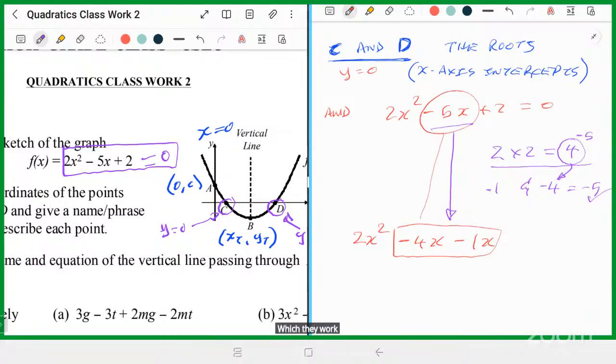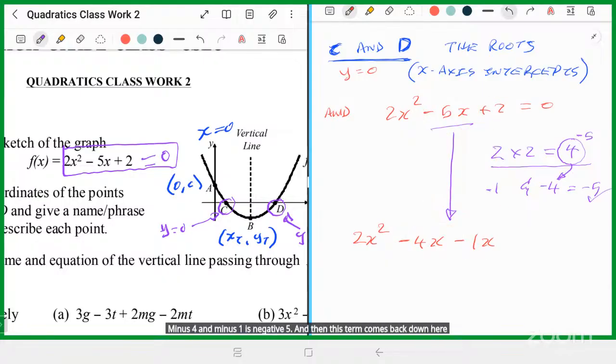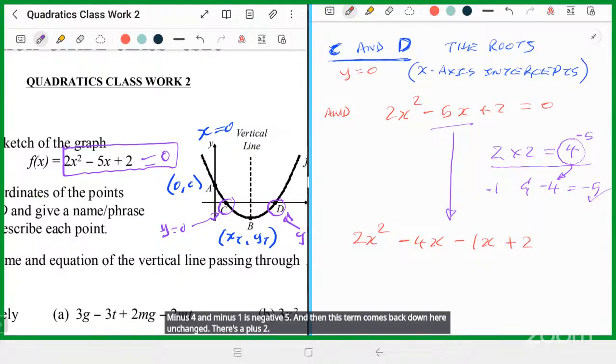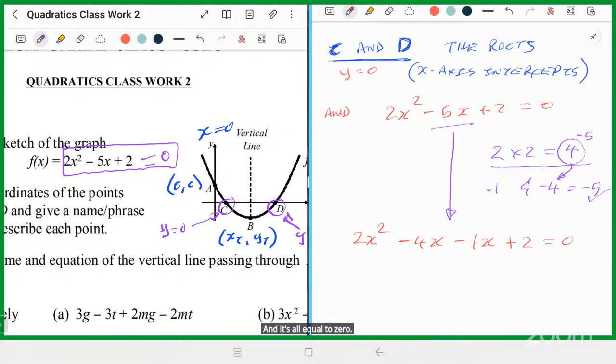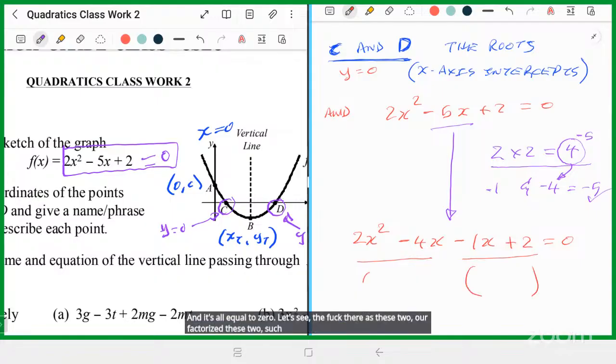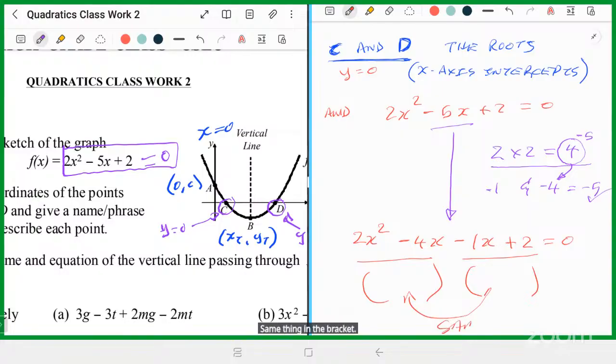Minus 4 minus 1 is negative 5. And then this term comes back down unchanged, so that's a plus 2, and it's all equal to 0. We'll just need to factorize these two and factorize these two such that we have the same thing in the bracket. The same thing must be in the two brackets. Alright, remember that. Same exact thing.